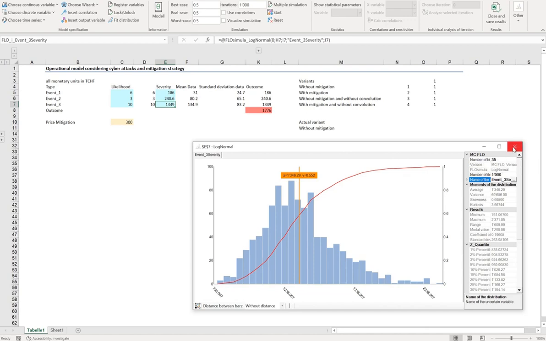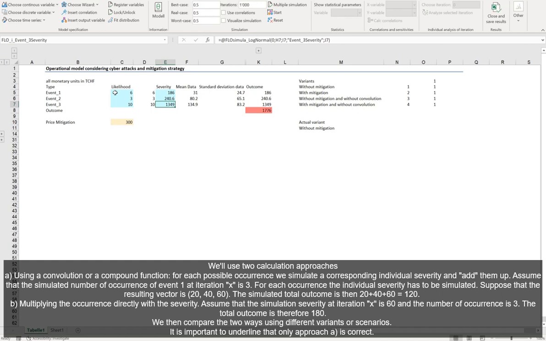So what we can do now is to make a comparison of the corresponding outcome with an alternative outcome where we have a price mitigation strategy. So suppose that a company offers a service where it halves the corresponding likelihood of event 1 and of event 3, but it costs 300,000 Swiss francs per year.